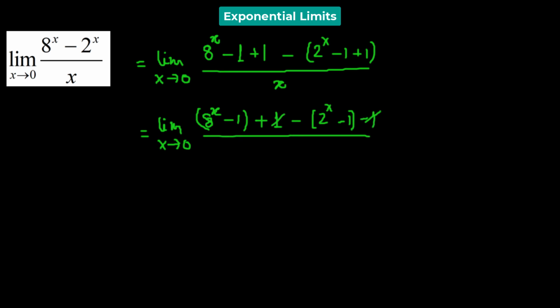So negative 1 and positive 1 get cancelled, and when we separate the terms we have limit x approaching 0, 8 raised to the power of x minus 1, all divided by x.